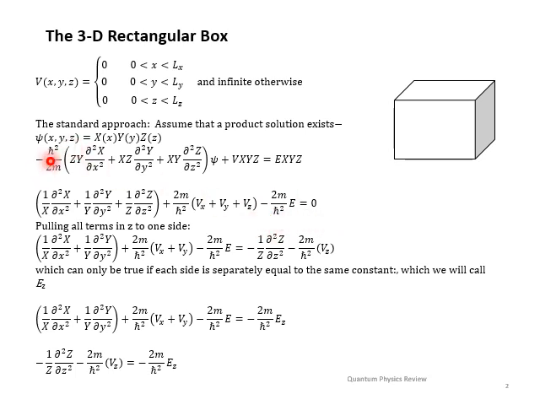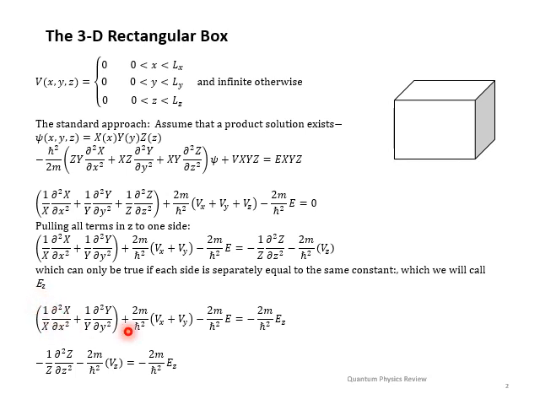And what we've done here is to multiply through by 2m over h bar squared in order to separate the functional dependencies here. The standard approach is to pull all terms that have to do with z over to one side of the equation, and this relationship can only be true for all x, y, and z if the two sides are separately equal to a constant, and we assume that those two sides, that constant in this particular case we're going to label E sub z.